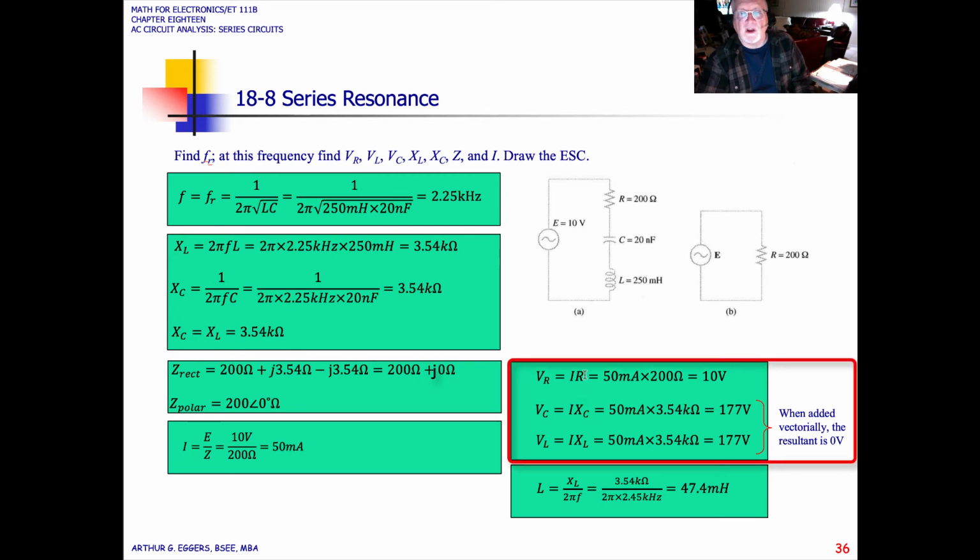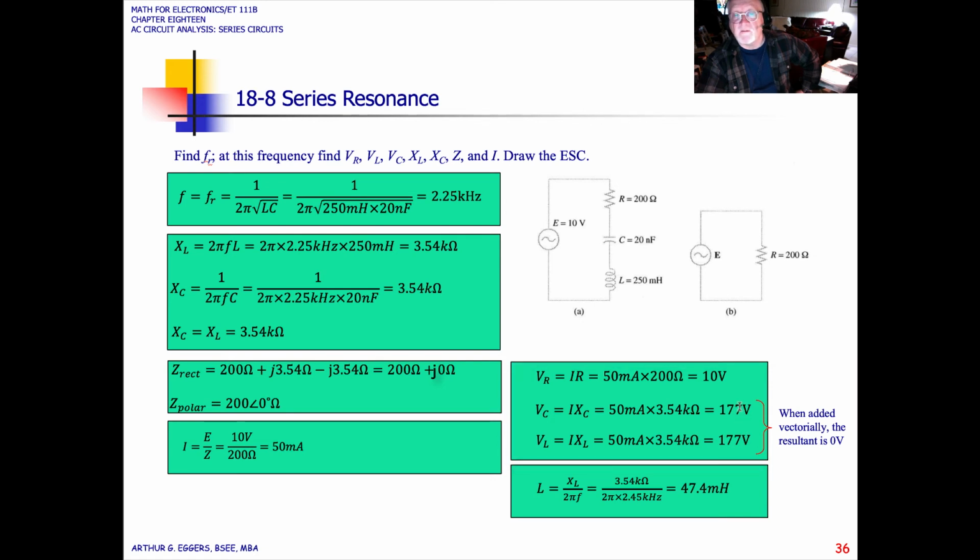Then we can use Ohm's law to solve for the voltage drops. The voltage drop across the resistor is 10 volts. You'll notice here the voltage drop for the capacitor and the inductor. Since we have the same values, we end up with the same voltage drop. Now, this seems weird. You could look at this and say, how did I get 177 volts out of a 10 volt source?